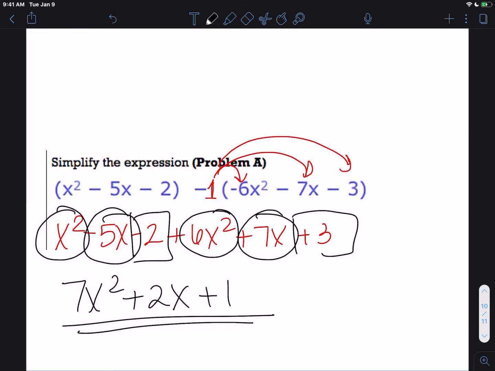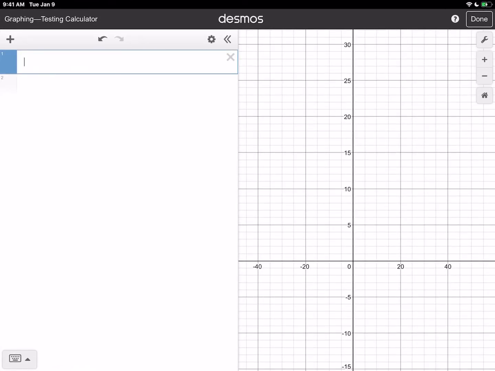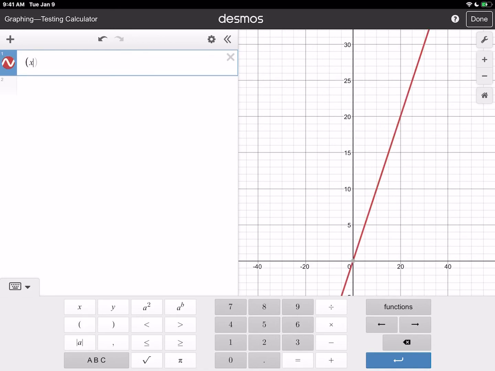I want to verify this with my calculator. So what I'm going to do is plug in both of these just like I did with the other ones. So first thing, I'm going to go ahead and type in my original equation.